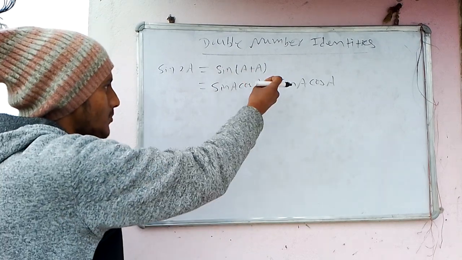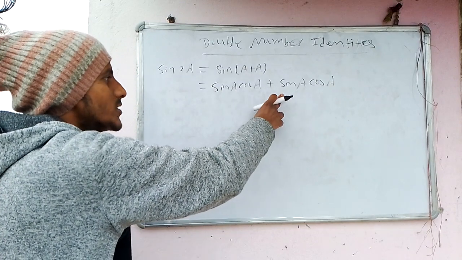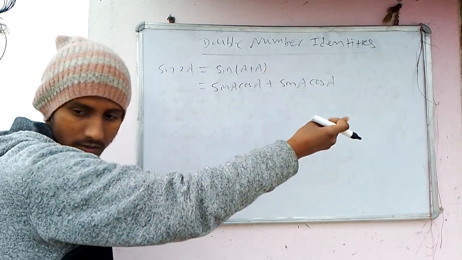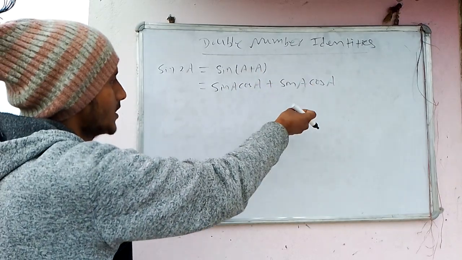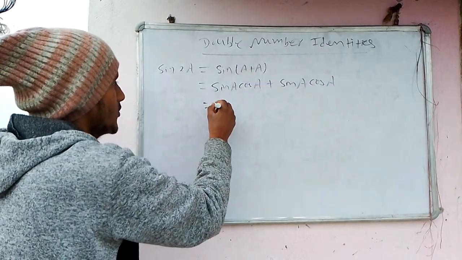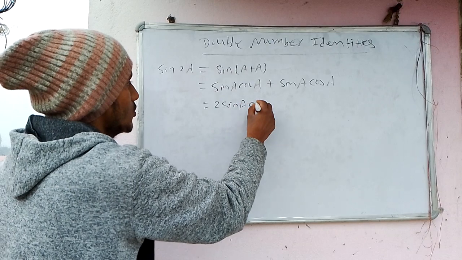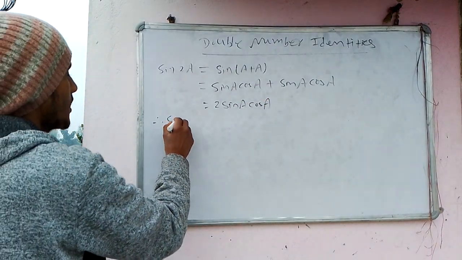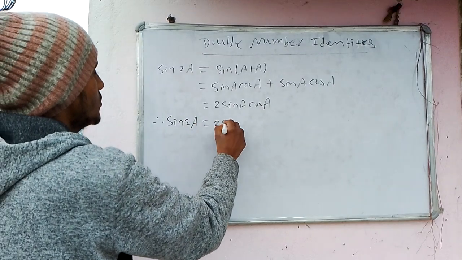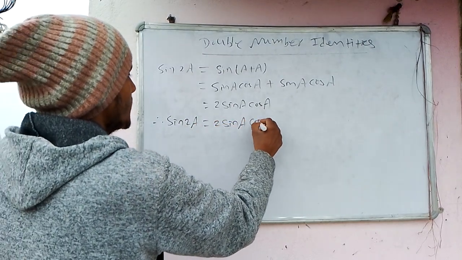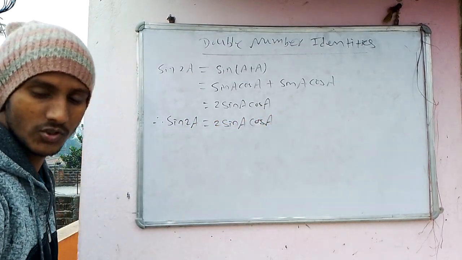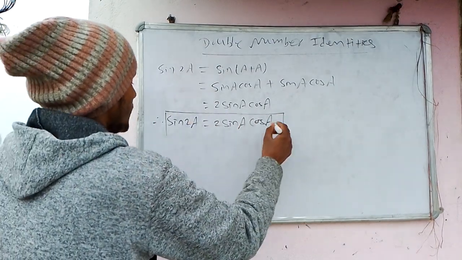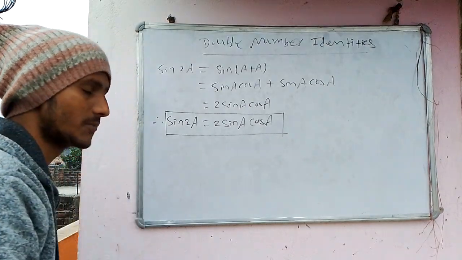If you have A plus B, then this part becomes cosine A and sine B, but we have A and B the same, so it becomes this, and if you add it up, it will be 2 sine A cosine A. Did you get it? Sine 2A is 2 sine A cosine A. So this is our first double number identity.